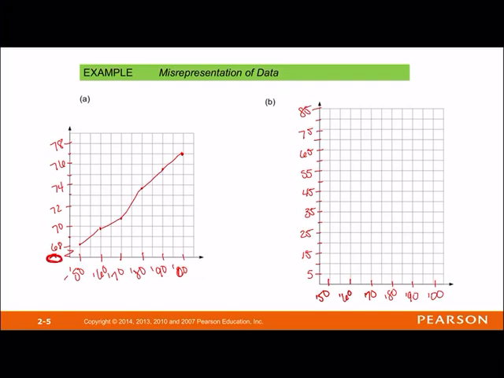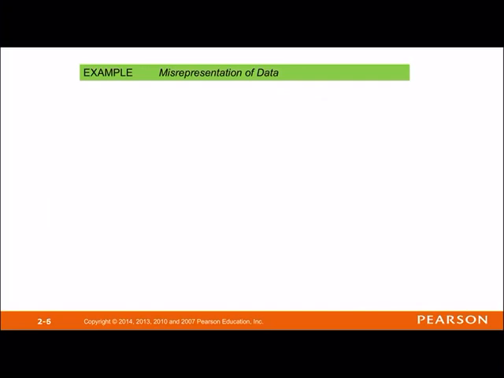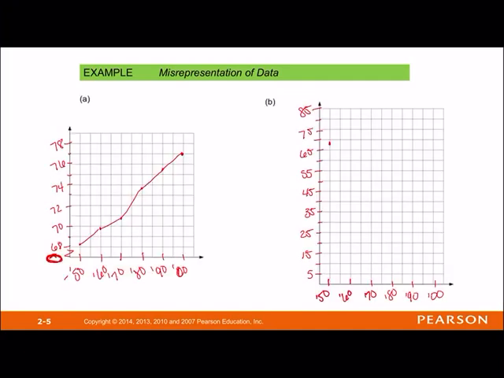Okay. So again, we're going to plot our points, but this time we'll see what our graph is going to look like. So in 1950, again, we had 68.2. So that is going to be approximately right there. 1960, 69.7. Oops. 69.7.